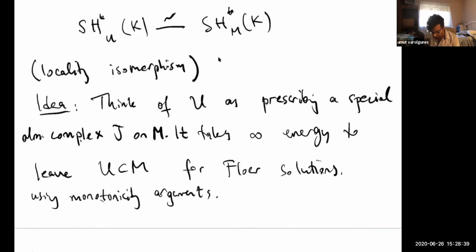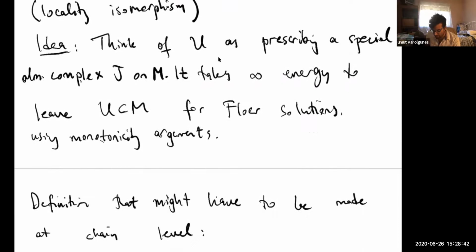Okay, so now the idea to prove this is you should think of U as prescribing some very special almost complex structure J. For example, in the Liouville type case, you can just think of it as a contact type J. You can't make the almost complex structure on M equal to the contact type J everywhere on U, but you make it more and more equal, and as you do that, it takes more and more energy for Floer solutions to leave this open subset.